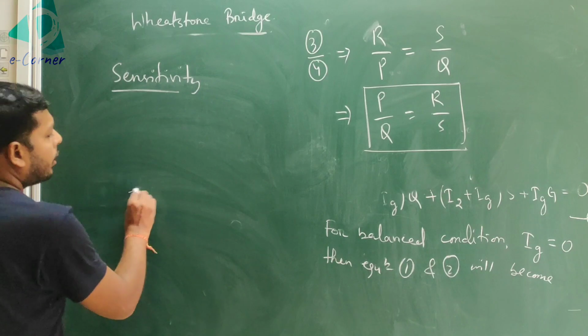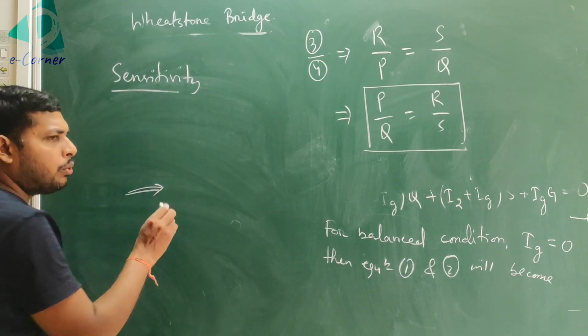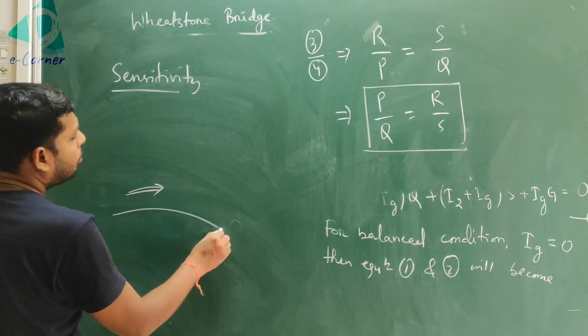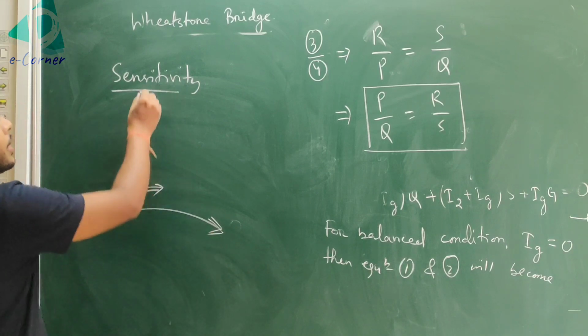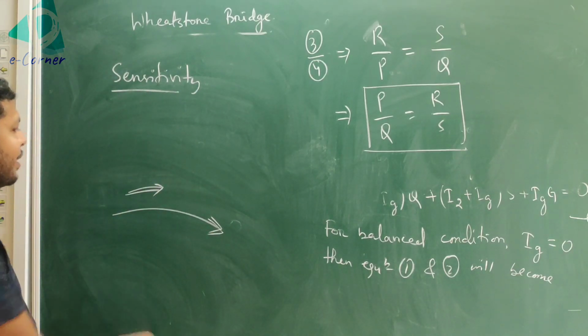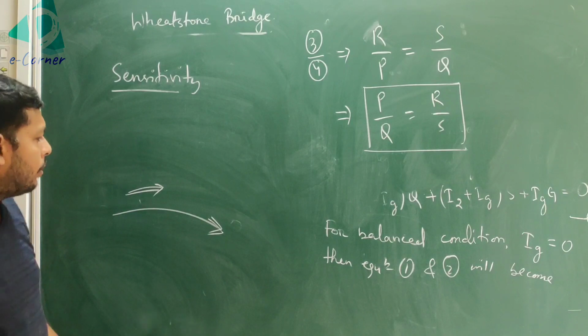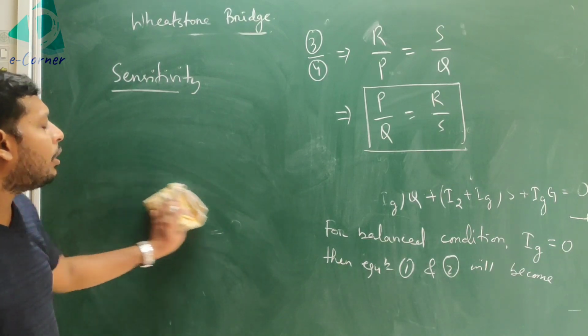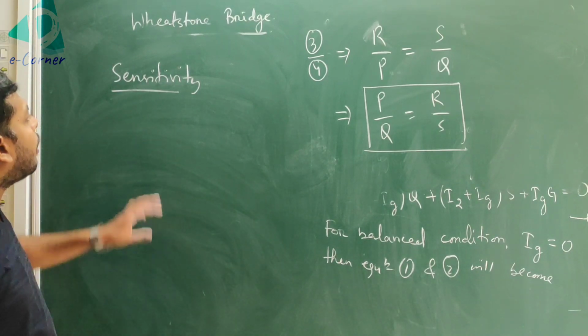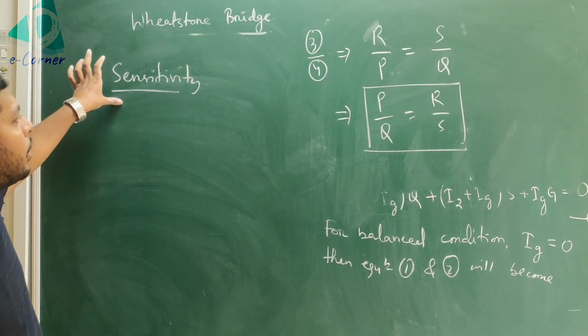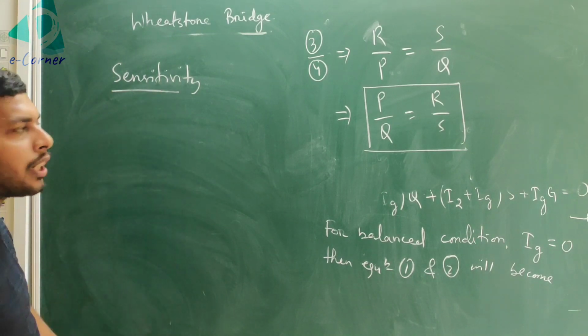If we give very small input, then output will be larger. Then the sensitivity will be more. We can say that sensitivity will be more. But often it will be evaluated on a device.